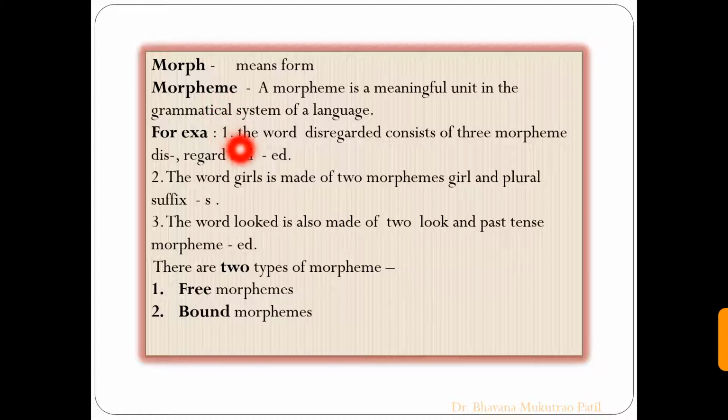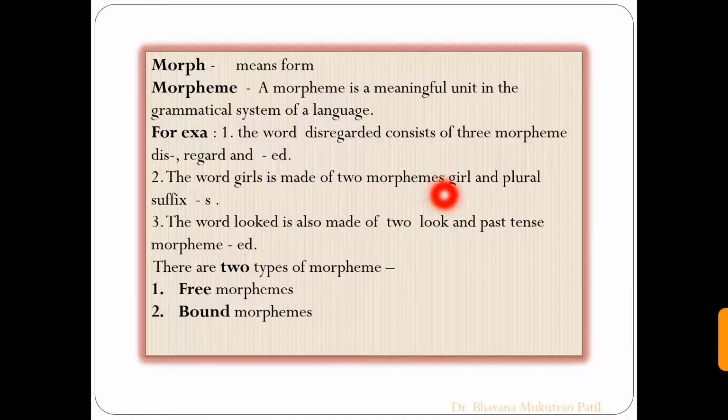Now see another example, the word disregarded. The word disregarded consists of three morphemes: dis, regard and ed. Another example, the word girls. Girls is made of two morphemes, girl plus s. The s is a plural form.